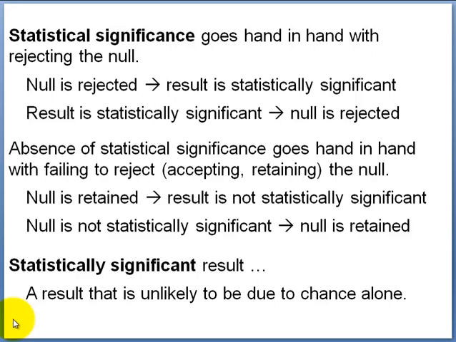So we rejected the null at the 0.05 level. That was a result that was unlikely to be due to chance alone. Chance alone produces that extreme of a result only 2 times in every 100 random samples. That's a statistically significant result, one that's unlikely to be due to chance alone.